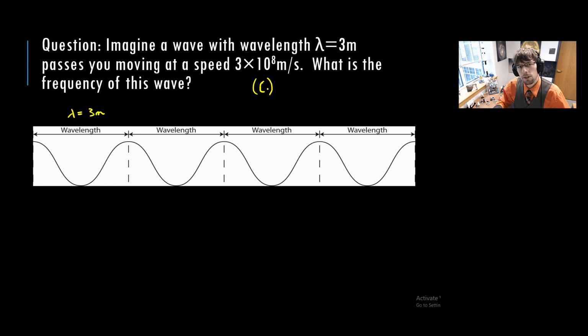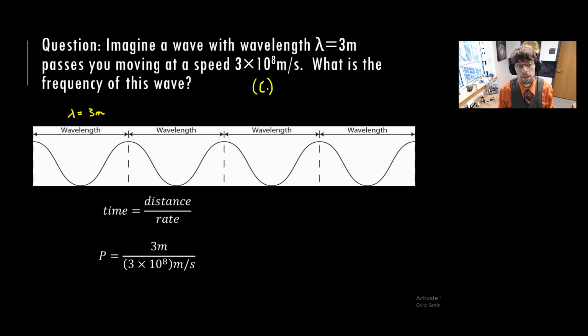Does your approach actually change? No, good. No, nothing changes. Your approach stays exactly the same. The only thing that I have changed are the numbers. So if you want the frequency, we could get the period, right? The period is 3, the distance, divided by the speed. Well, first of all, the meters cancel.